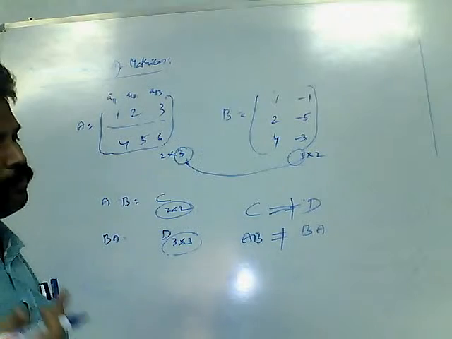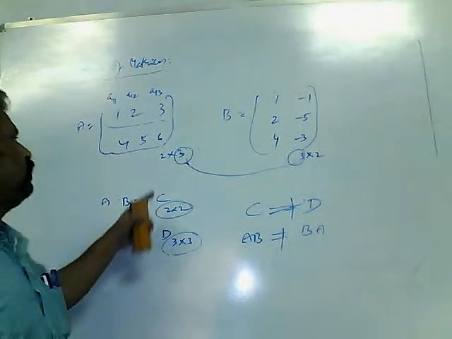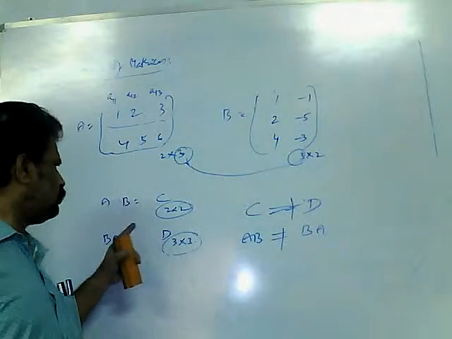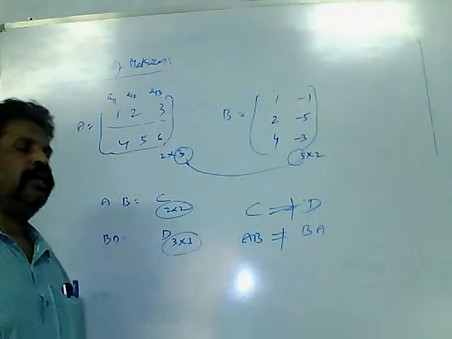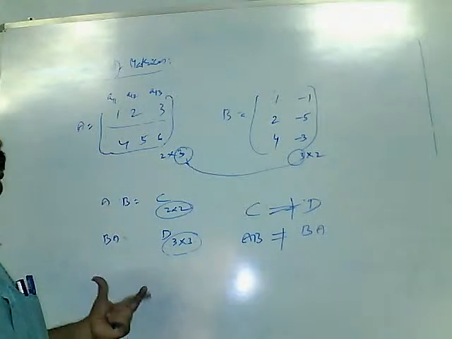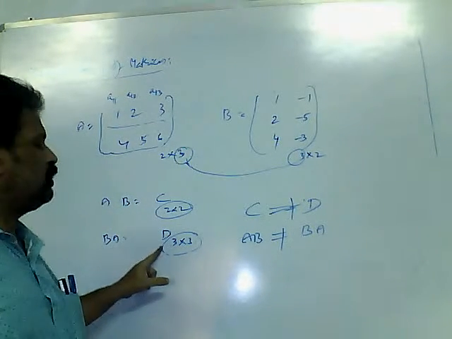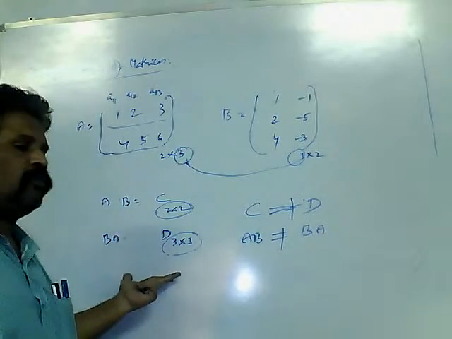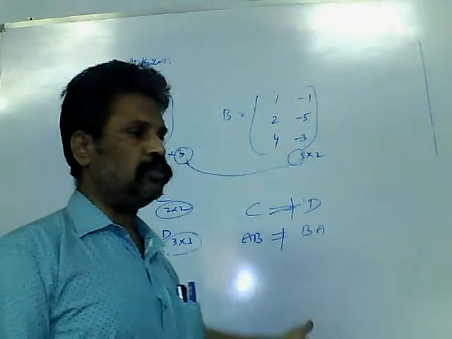To have both AB and BA valid or feasible, their orders need to be reversible. Though AB and BA may be feasible, they should not be equal, since AB is of 2 by 2 order and BA is of 3 by 3 order, so they can never be equal. So matrix multiplication is never commutative.